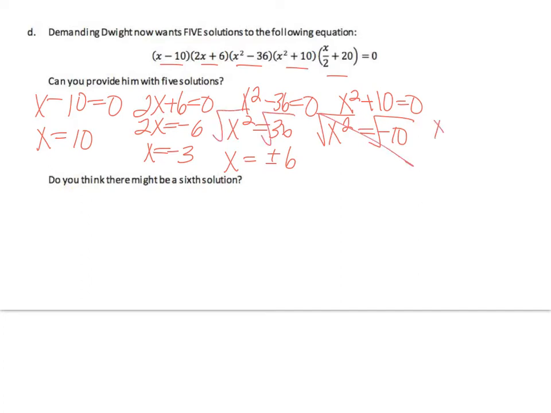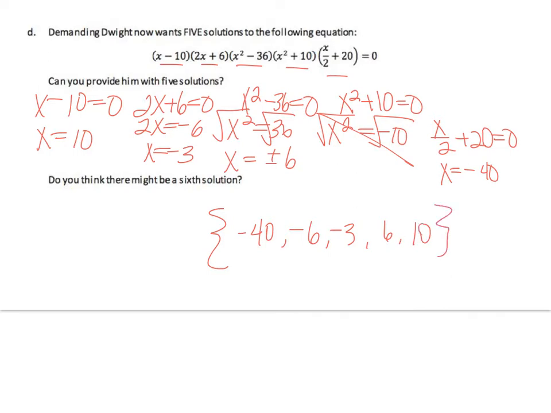Then the last one, x over 2 plus 20 equals 0, we solved in the previous slide. x equals negative 40. So my solution sets are, I'm going to try to list them smallest to biggest: negative 40, negative 6, negative 3, 6, and 10. Yep, 10. I was worried that we caught that one, which is not a valid solution, not real.